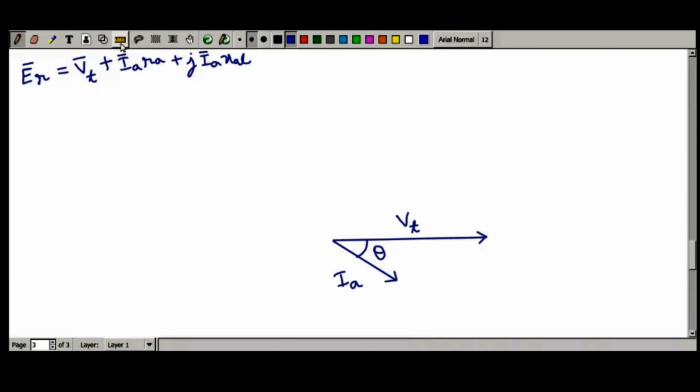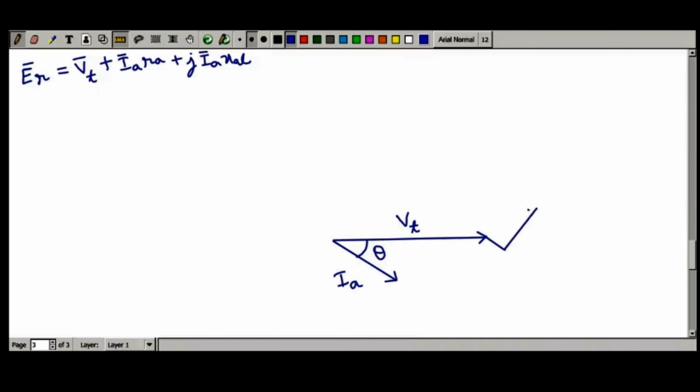So let us draw that. First we will draw the armature resistive drop, or the ohmic drop in the armature winding. Since it is ohmic drop, it will be in phase with armature current. So that's why this IARA drop will be parallel to the armature current Ia, like this. Now the IAXAL drop, that is the armature leakage reactance drop, will be in quadrature with the armature current. So it will be shown like this.